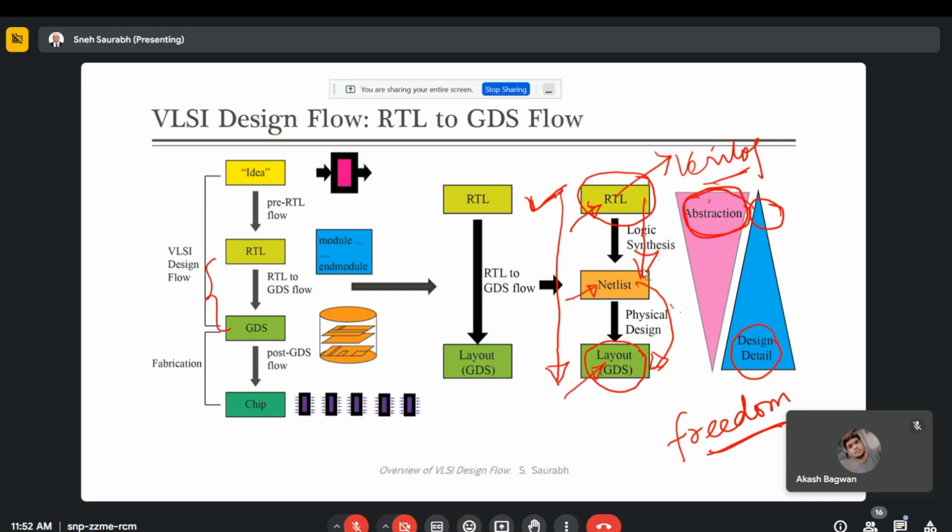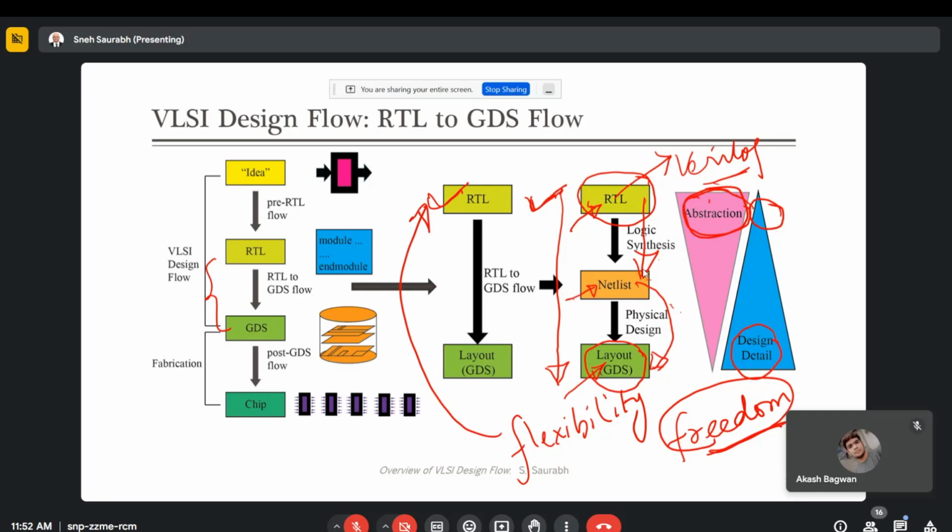And therefore, in the early stages of the design, for example, in the RTL, where making changes is easy, we do a lot of exploration and find out various alternatives and choose the best alternative. So as a designer, we have the greatest freedom at the RTL level, great flexibility, right?